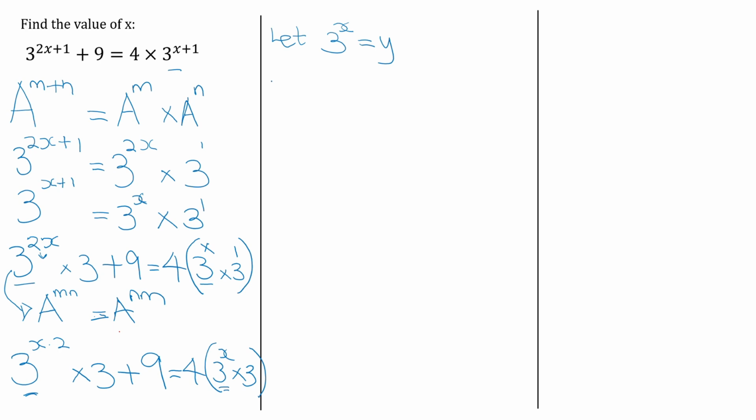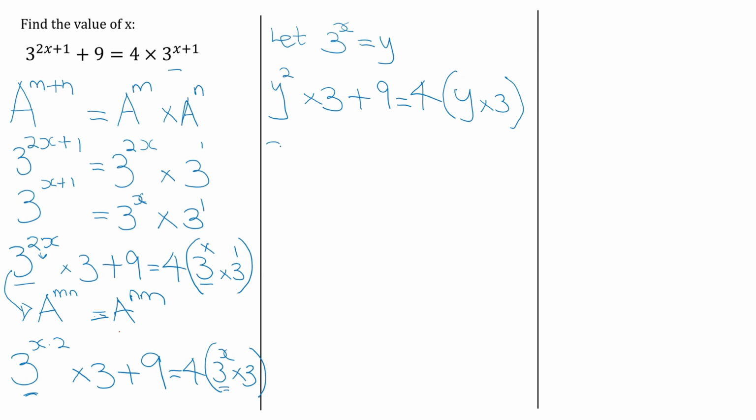So you'll have y squared multiplied by 3 plus 9 is equal to 4 into brackets y multiplied by 3. Close the bracket.